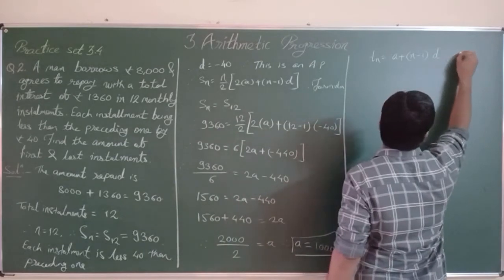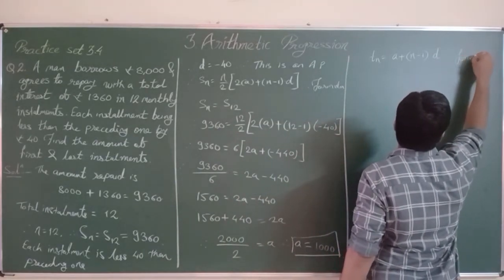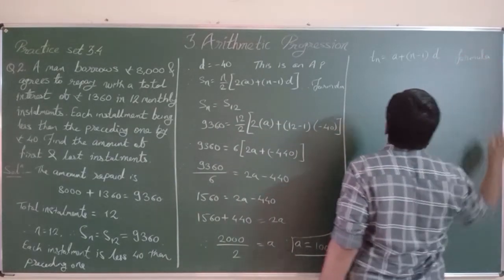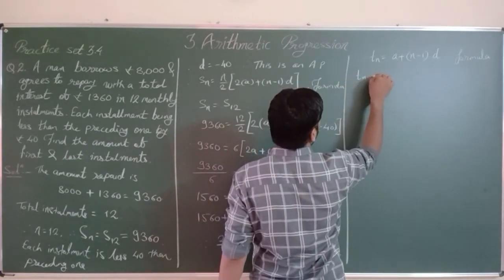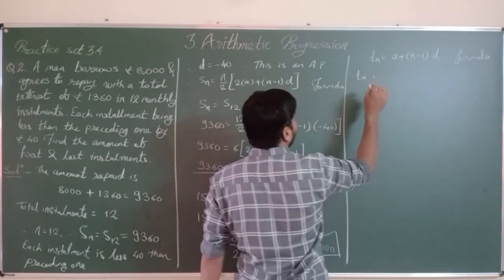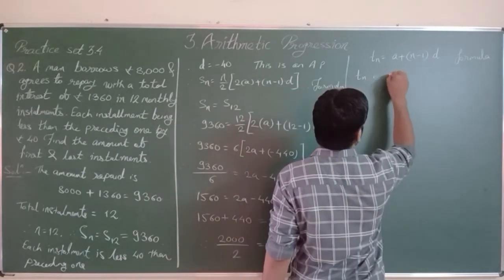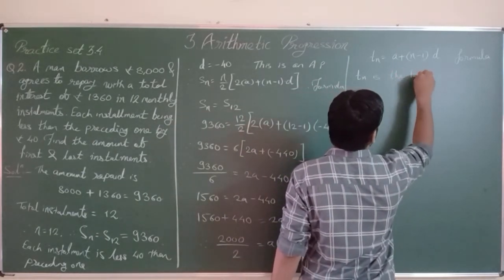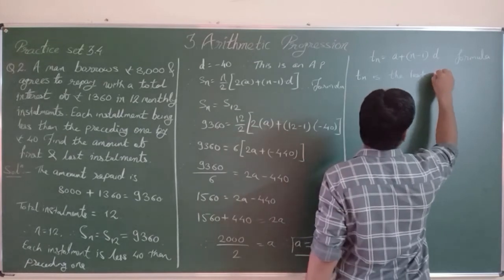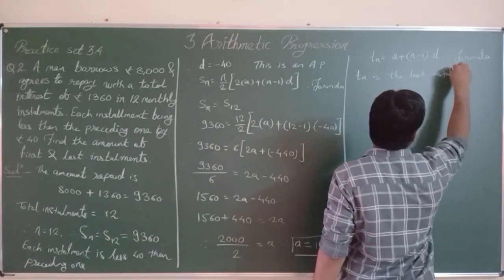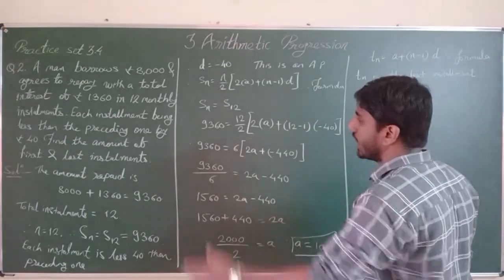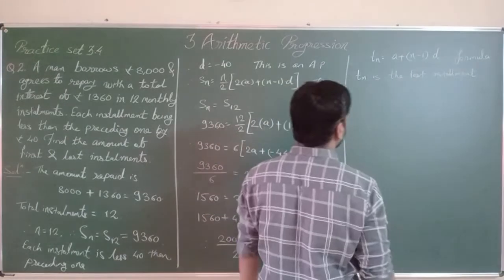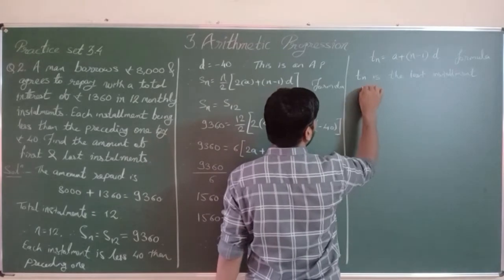So this is the formula, where Tn is the last installment. Here the last installment is going to be his 12th installment. Therefore, we have to find T12.